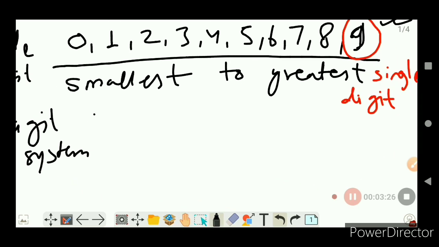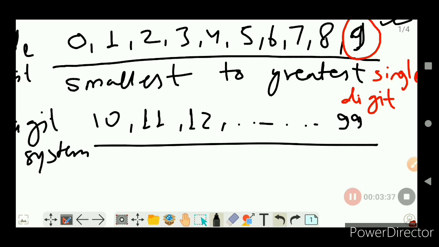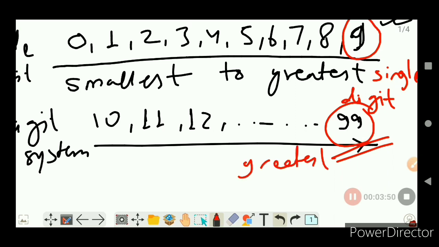So we have 10, 11, 12, and so it goes on till 99. At 99 the 2-digit system ends; 99 is the greatest 2-digit number, and 10 was the smallest 2-digit number.